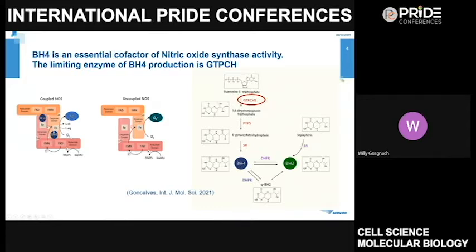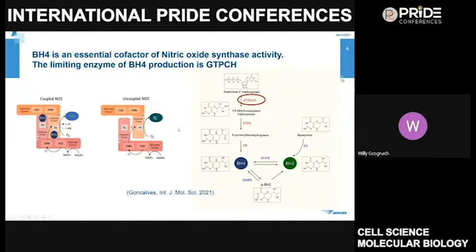But when the BH4 level is reduced, the dimer of nitric oxide synthase is less stabilized, and the enzyme uses oxygen to produce superoxide anion.